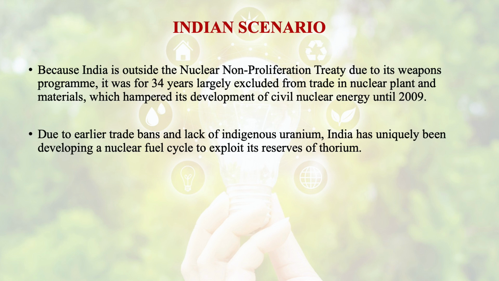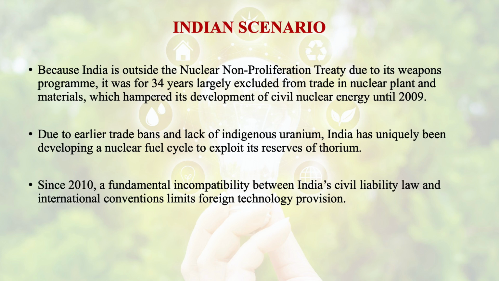Due to earlier trade bans and lack of indigenous uranium, India has uniquely been developing a nuclear fuel cycle to exploit its reserves of thorium. Since 2010, fundamental incompatibility between India's civil liability law and international conventions limits foreign technology provision as well.